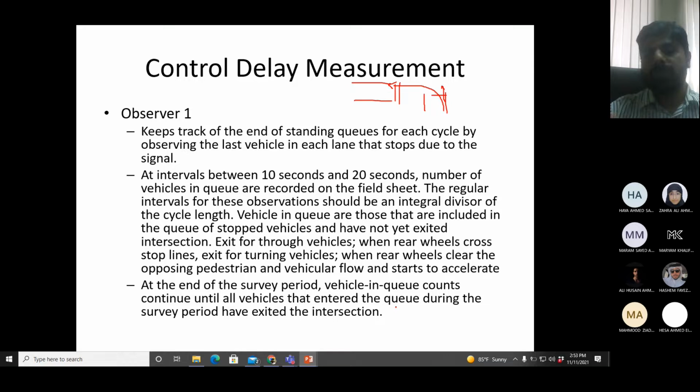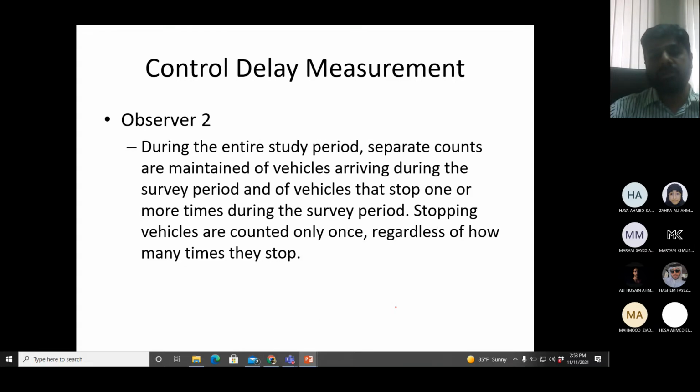Observer 1 should take extra observations until the queue of vehicles which came during his time interval becomes 0. He will keep on counting the cars in the queue and taking observations.